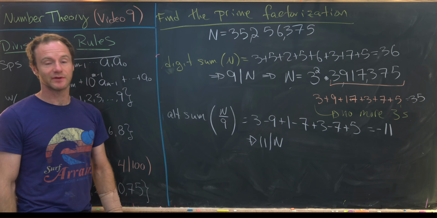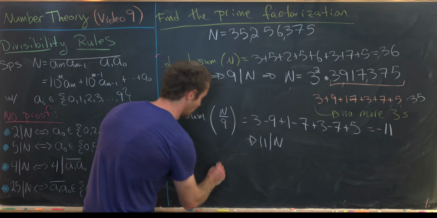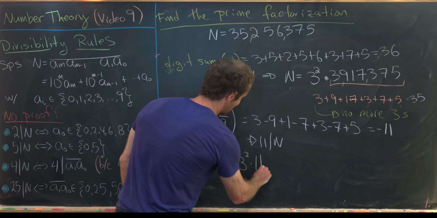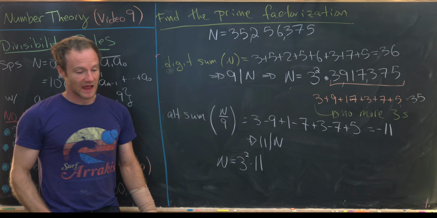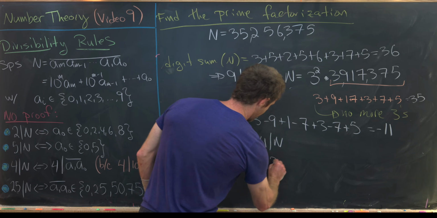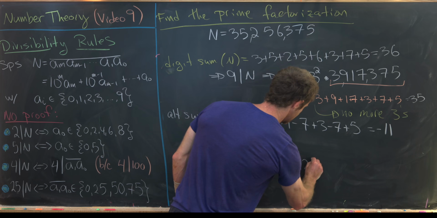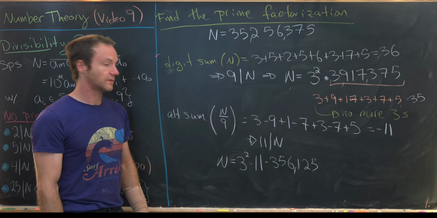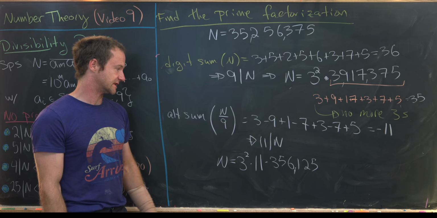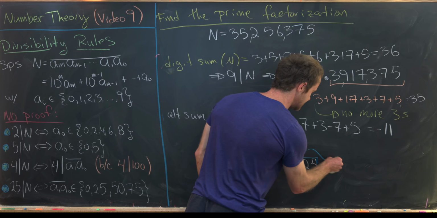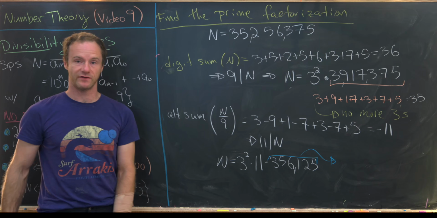So that means we should be able to divide 11 out. And we can, and we'll get n equals 3 squared times 11 times 356,125. Before we move on to another divisibility test, let's do the alternating sum on this leftover bit to see if there are more factors of 11.